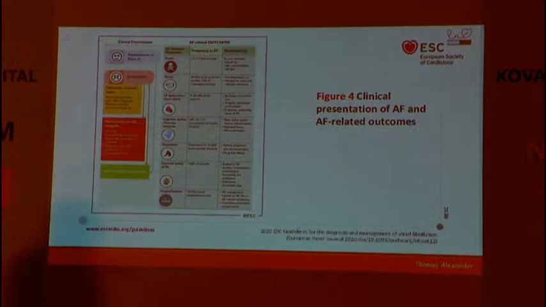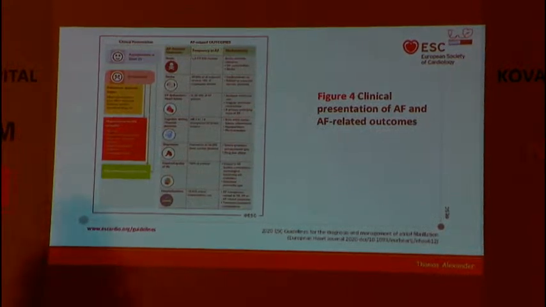Now, when you look at the clinical classification, you define them as asymptomatic patients. That's basically silent AF, and these are patients who do not have a hemodynamic compromise. Or you talk about symptomatic patients who might have symptoms, basically palpitations, dyspnea, and fatigue. These are the commonest symptoms.